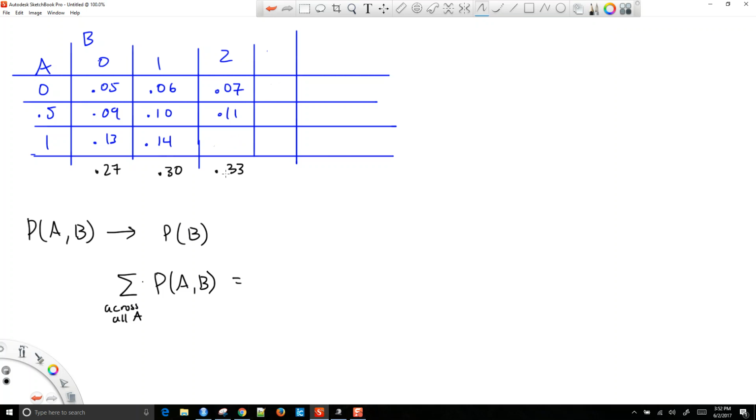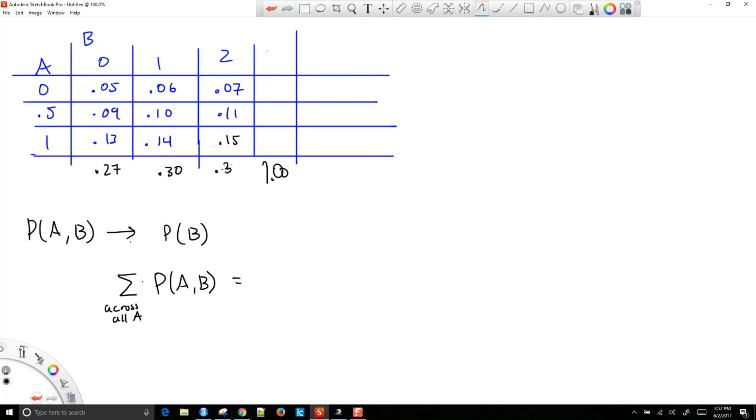If we have 0.27 and 0.3, then I have 0.33 left over, 0.18, so this has to be 0.15. Is that right? No. I don't know what I did. Anyway, it has to add up to 1, right?